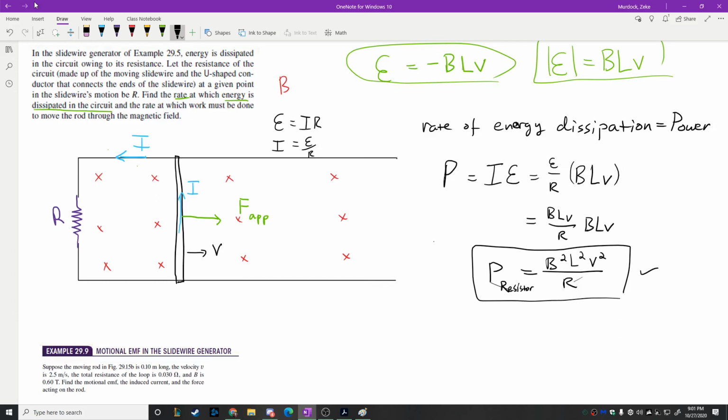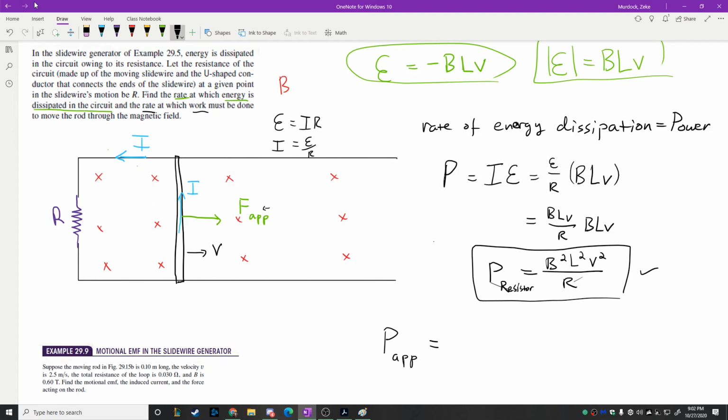All right. The other piece of this is to find the rate at which the work must be done by this force right here in order to move the rod through the field at a constant speed. Okay? How could I figure that out? How can I get the work? No, I'm sorry, it's not the work. It's the rate at which the work is done. So again, we need power. We kind of need to know, in this case, what the applied power is going to be.